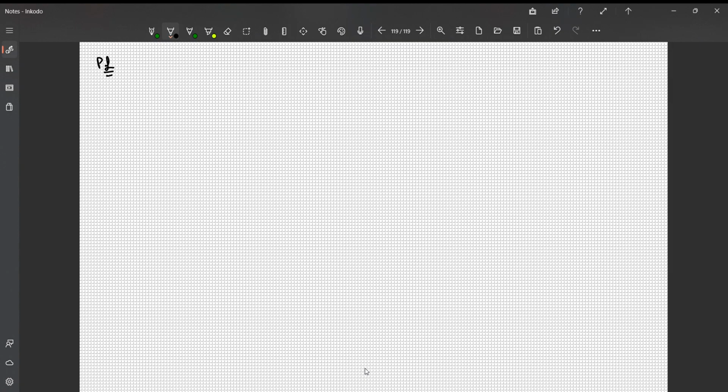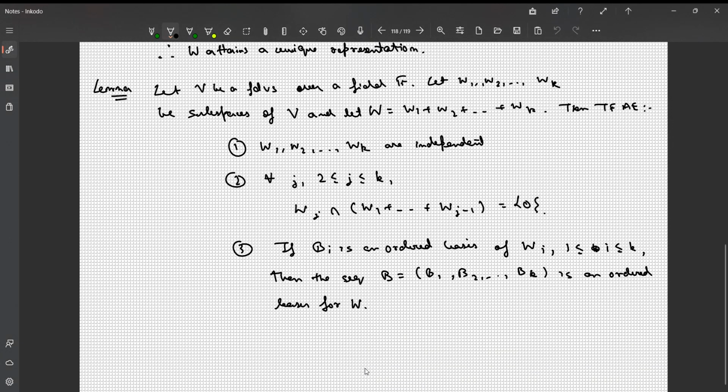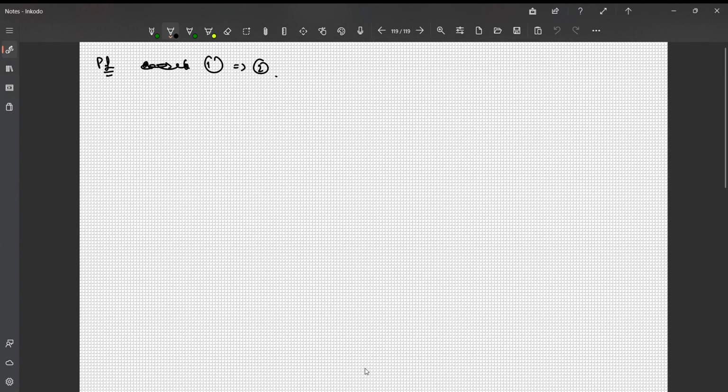Okay. So first we prove A implies B. Or I had noted them as 1, 2, 3. So 1 implies 2. So suppose 1 happens. Then if 1 happens, what was the first statement we had given? They are independent.